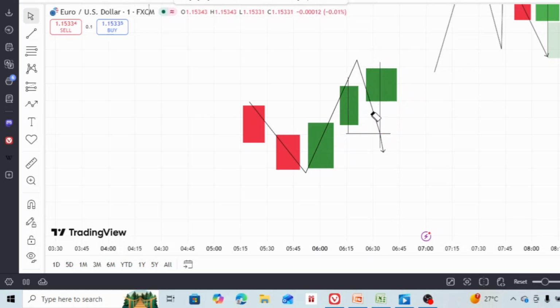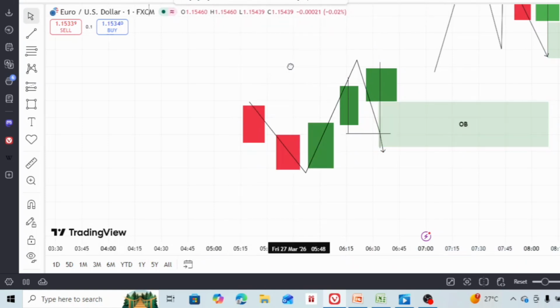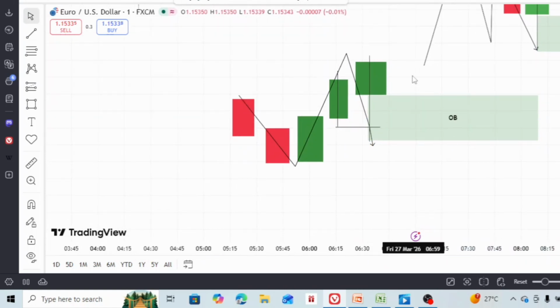So if there is a pullback here, consider taking this one as an order block. It should remain unmitigated. If it is already mitigated, then you cannot take it, but if it is not mitigated, then you can consider taking this as an order block as well.